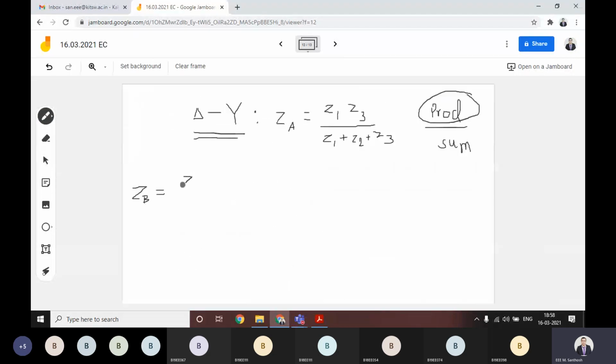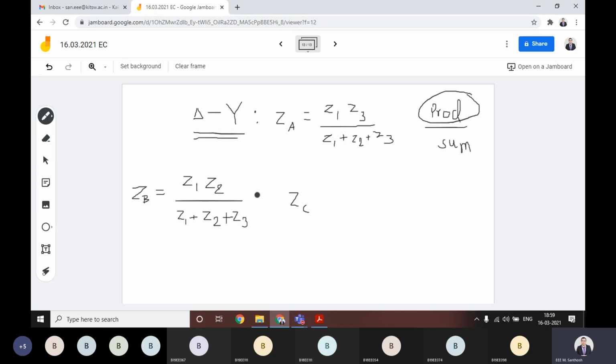As simple as that. Z1 and Z2 are the products you have to take, and the sum must be Z1 plus Z2 plus Z3.